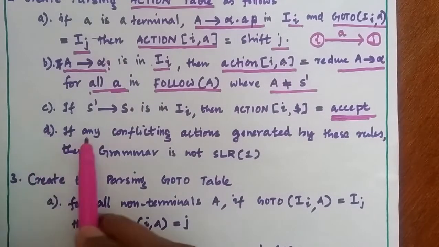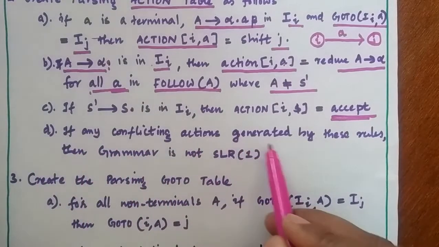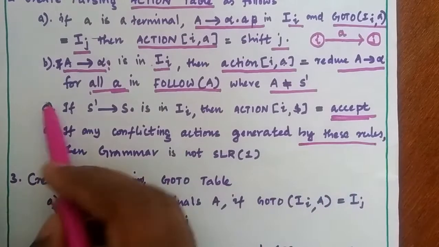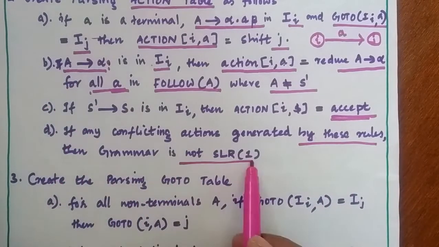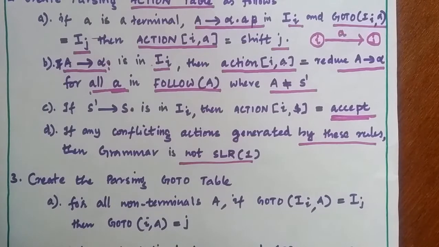Then rule 2d: if any conflicting action is generated by the above 3 rules, then we can declare that the grammar is not an SLR1 grammar.